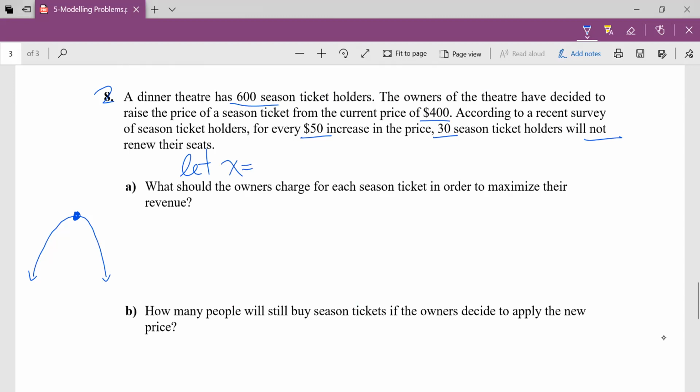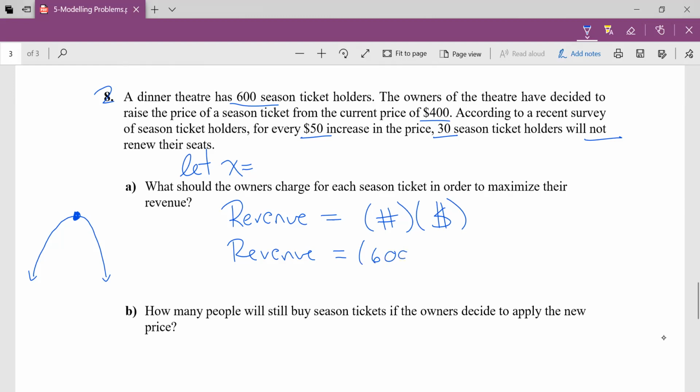But when I want to figure out revenue, here's all I want you to think about for revenue. Revenue is simply this. It's how many of an object I sell times how much money I sell it for. So originally, this theater company was selling 600 season tickets at $400 each.